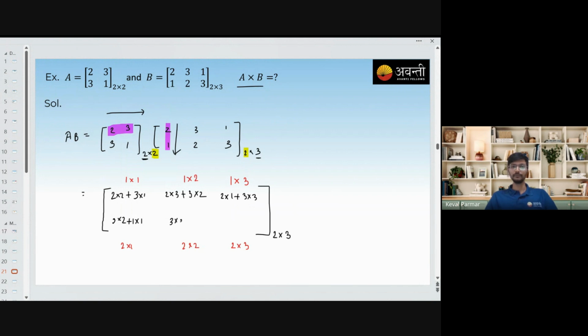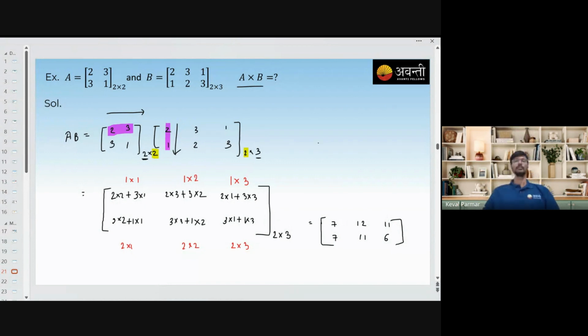Second row, second column. Second row, third column. That means the matrix which I got is 4 plus 3, 7, 12, 11, 7, 11, 6. This is the matrix.